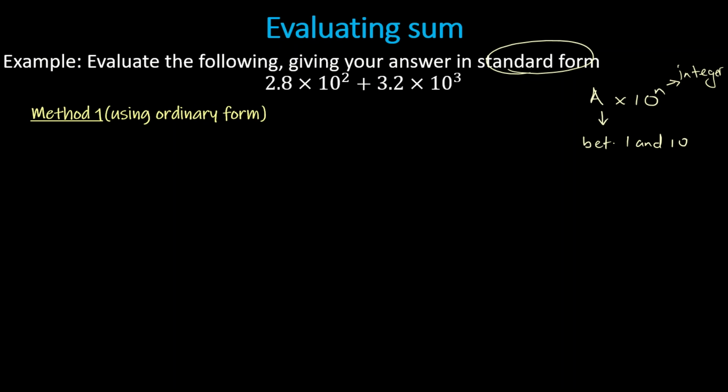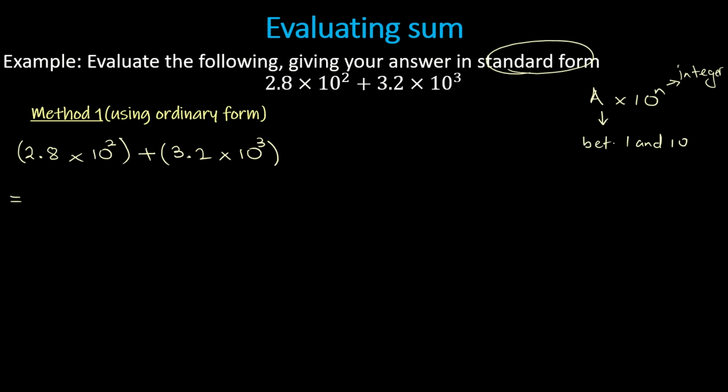So the first method we are going to use ordinary form. So I have 2.8 times 10 to the power of 2 plus 3.2 times 10 to the power of 3. I need to evaluate this sum.